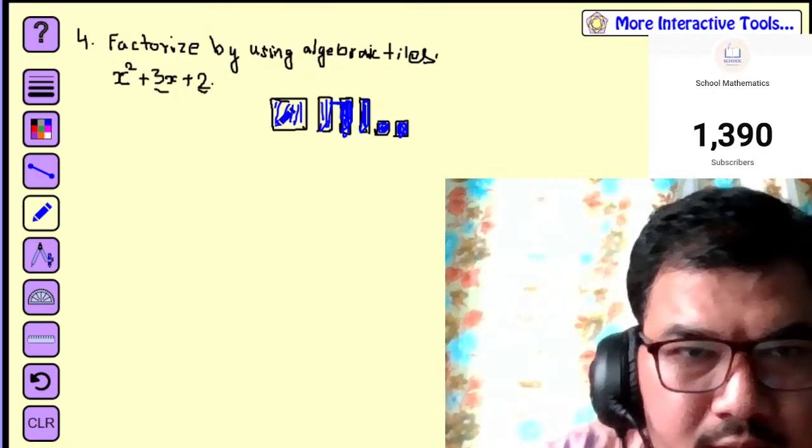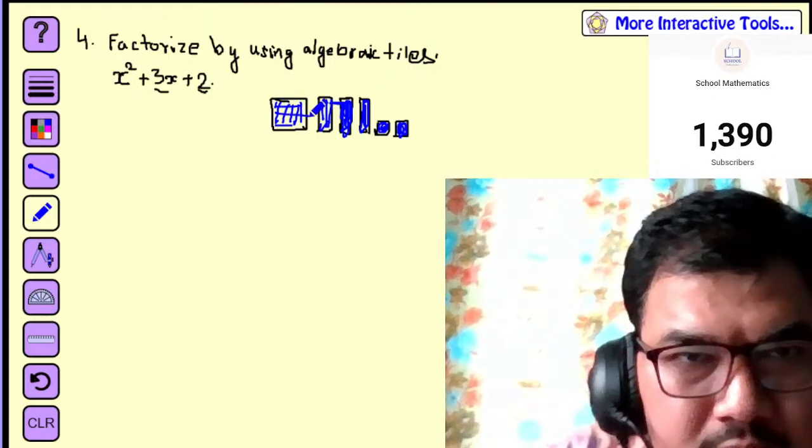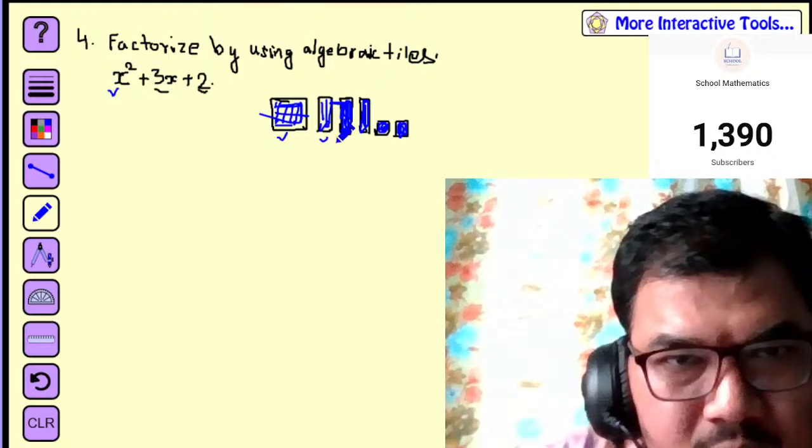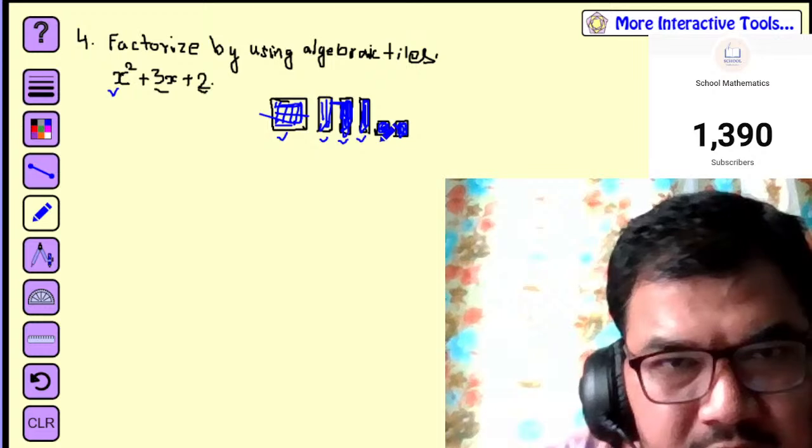And look, Celine, this big square tile is for x square, because there is one x square. These are for the rectangular tiles: 1, 2, and 3, and the unit tiles are 2 there.